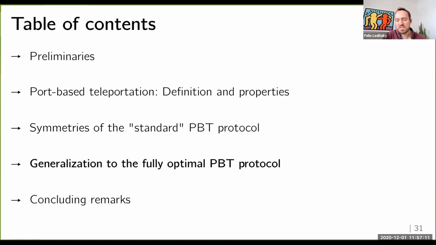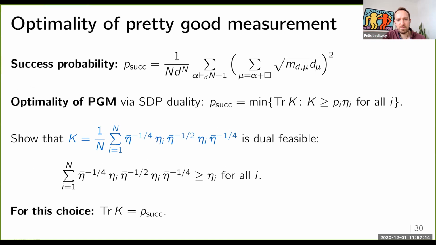And obviously, for small d and n, you can just numerically compute this, which will give you an answer. It's a little more challenging to determine the limit of these things, and this is what we did in the other paper. I'm happy to give the reference for this later. But for small instances, you can just compute the sum, and then you will get the performance of the pretty good measurement.